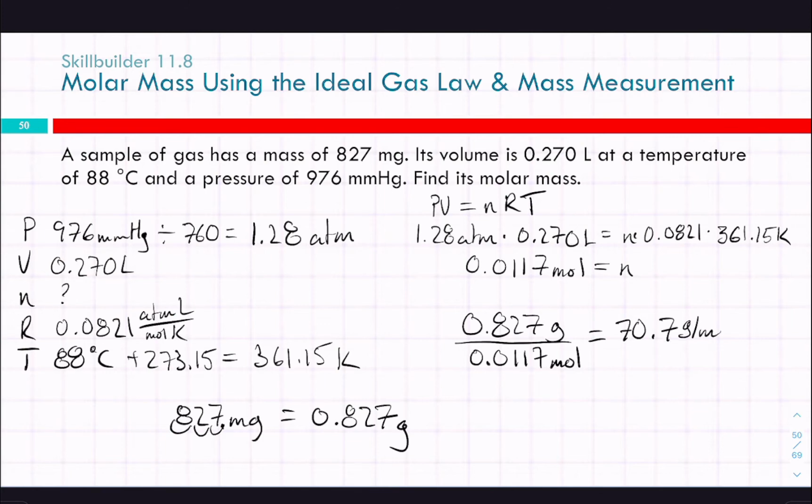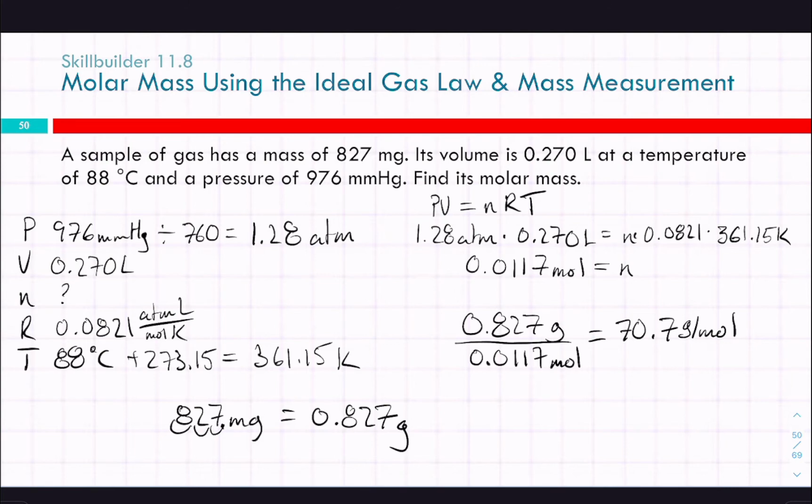grams per mole. Any guesses for what gas this would be? So gallium's close to 70. So if we had boiled gallium, the temperature's not super hot here. I don't know what temperature gallium boils at. I think it's actually chlorine.